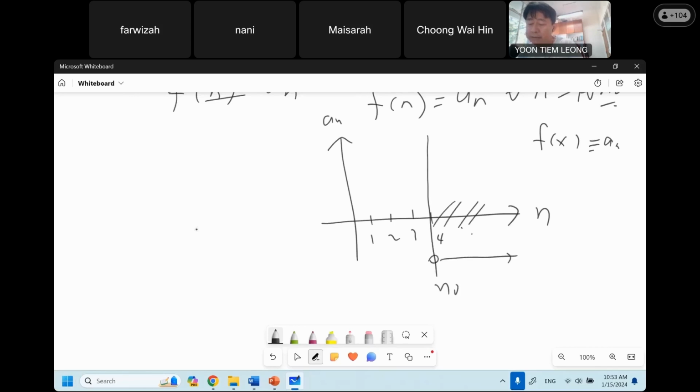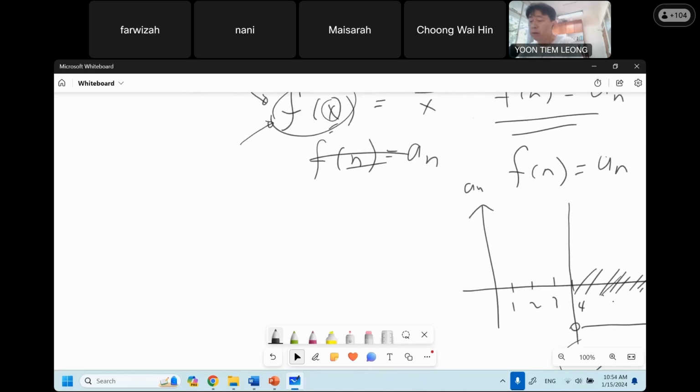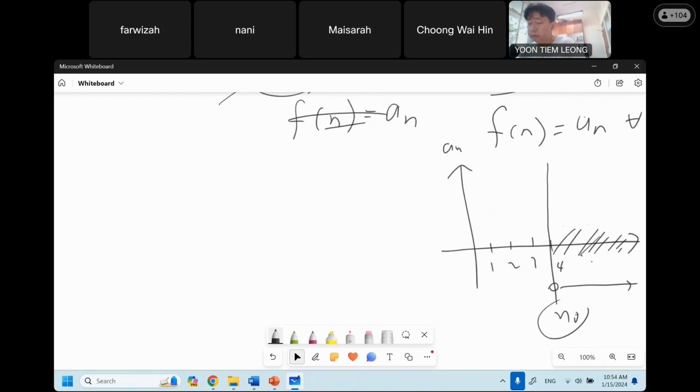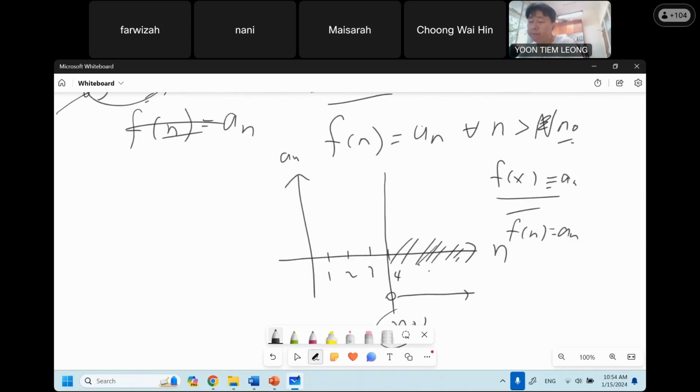As long as there exists such a number n naught, where all the n sitting to the right of n naught fulfill the condition that f(n) equals a_n, then this theorem applies. So the requirement that f(n) match the terms in the sequence is not so rigid. You only need this to be fulfilled for n larger than n naught.